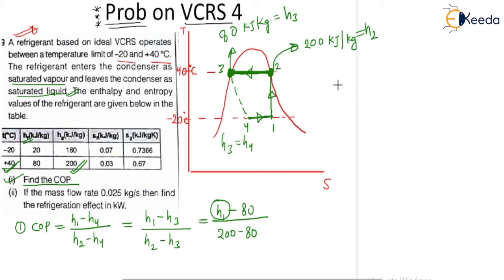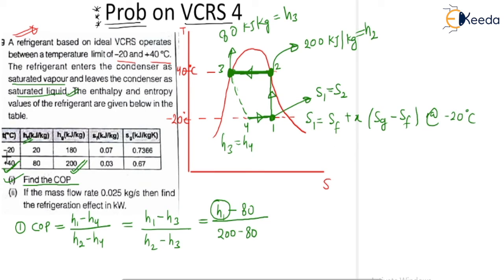By using the entropy scale, for point number 1, the entropy s1 is equal to s2, and we have to write this s1 in the form of sf plus a mass fraction x times (sg minus sf), at which temperature? At minus 20 degrees temperature.